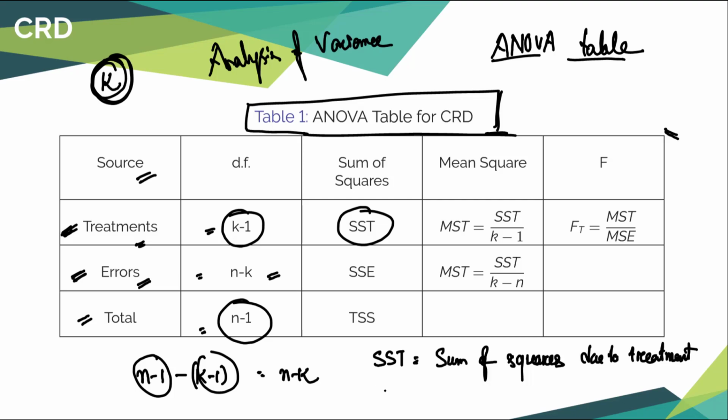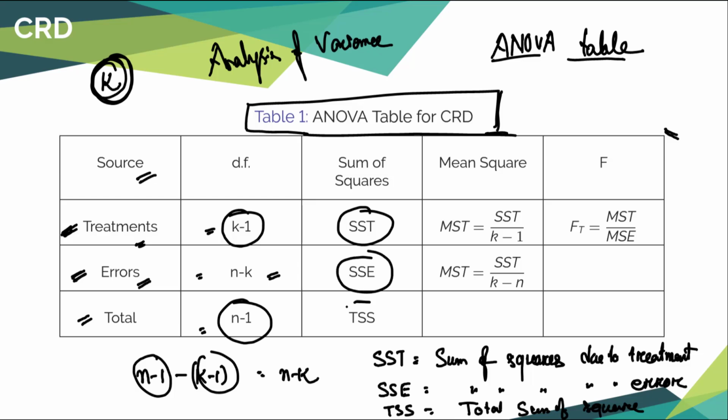Similarly, SSE is the sum of squares due to error, and TSS is the total sum of squares. So these are the meanings of SST, SSE and TSS. Each of them has its individual formula that we will discuss.